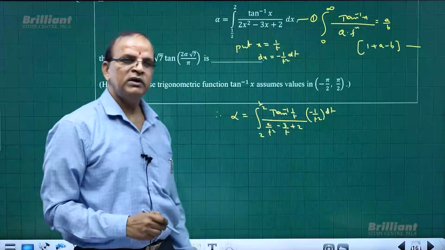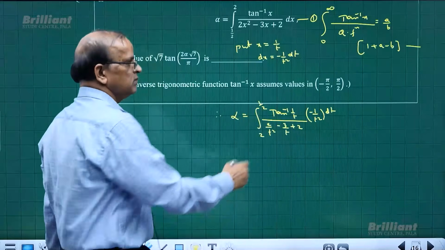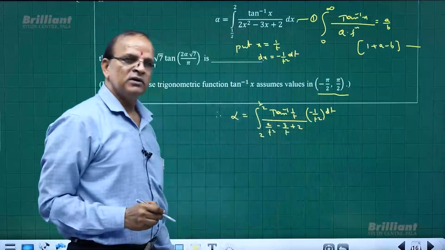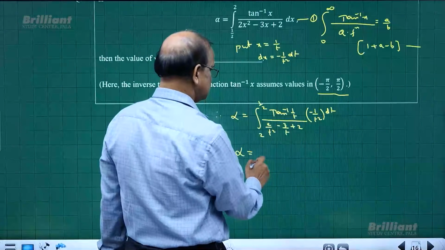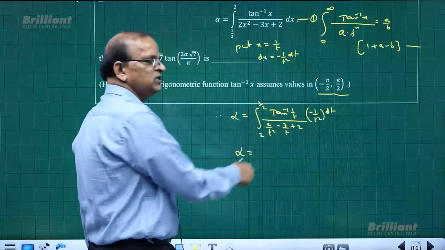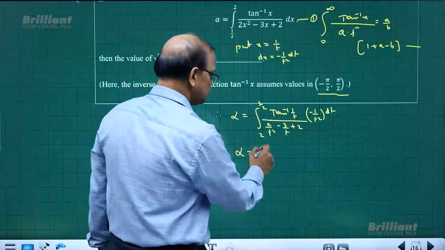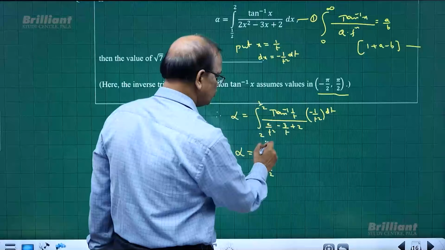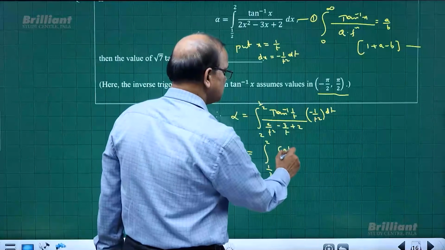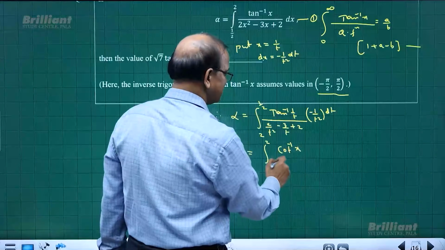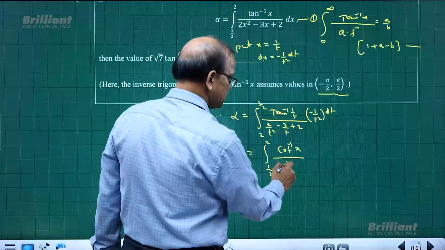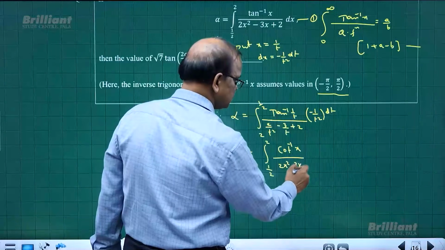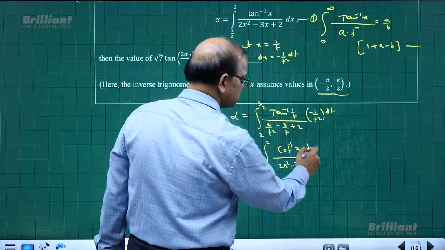Now tan inverse 1 by t is what? Cot inverse t, because of the principal range. So that is equal to, the minus interchanges the limits, and t squared cancels, giving 2x square minus 3x plus 2 dx.